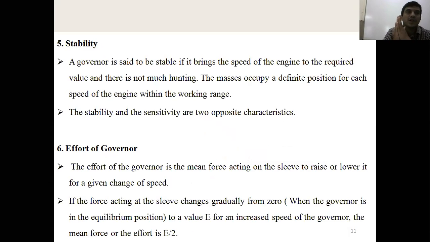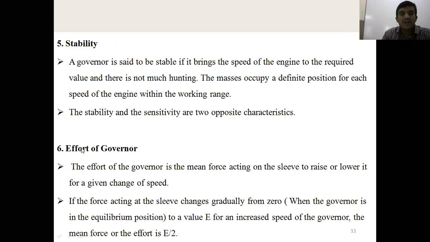The radius of rotation of the governor ball decreases. If you decrease the speed, the radius of rotation of the governor ball increases. That becomes unstable. Once the governor is unstable, it will not do its function properly. Okay, then you go for repairing it or replace it with another governor.